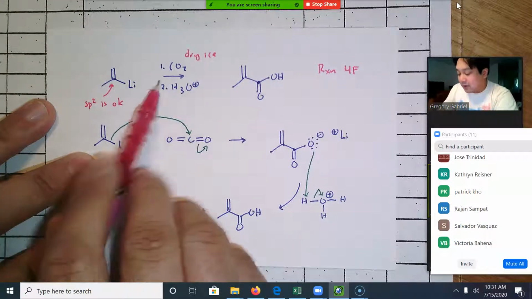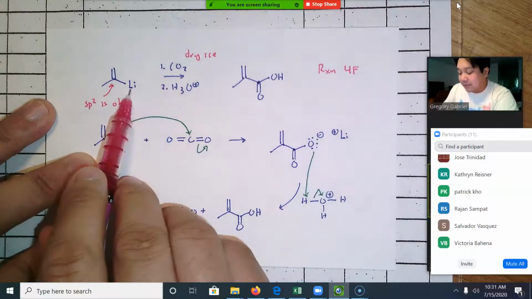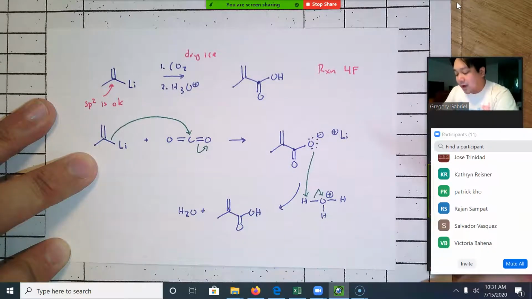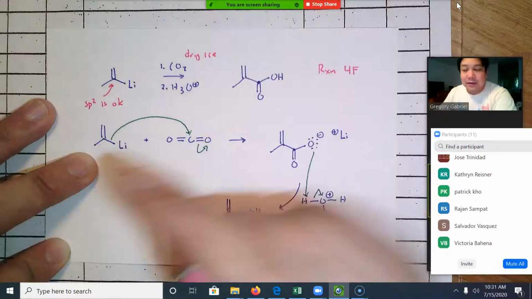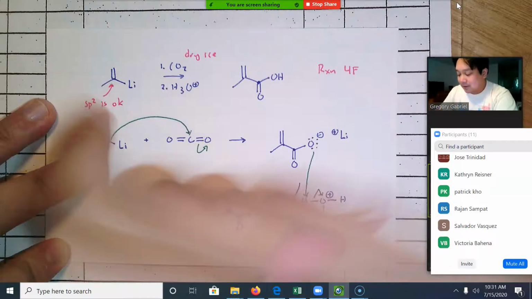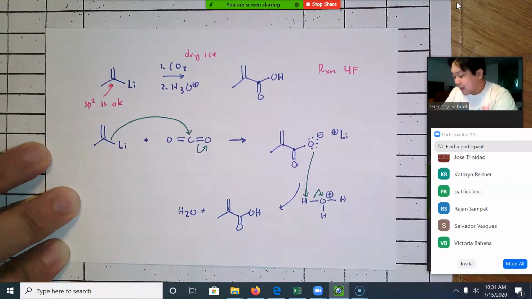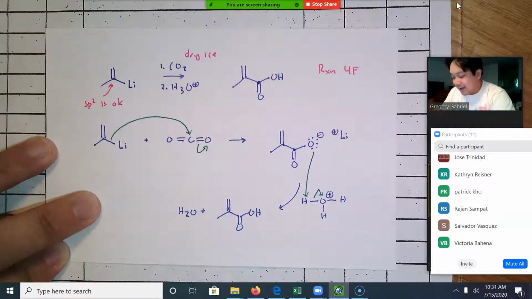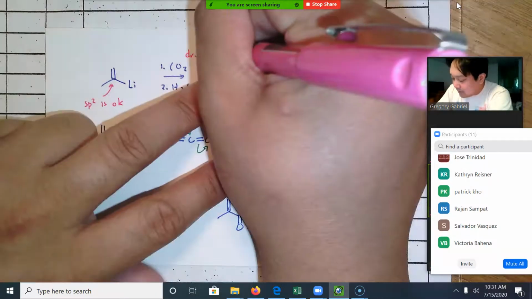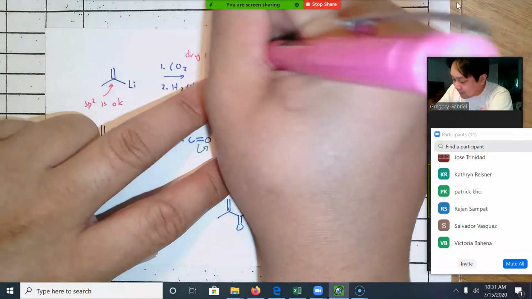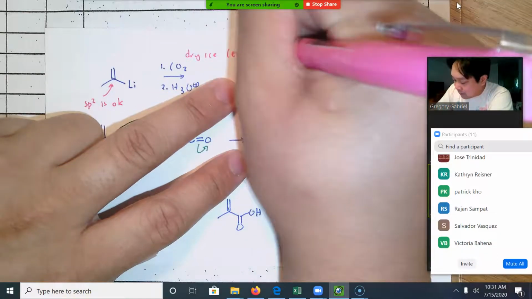We substituted carbon dioxide for this lithium. In organic chemistry 1, we said don't substitute at an sp2 carbon, only at sp3 carbons. So we could put a little note there that it's okay. The last thing is we could say excess goes up in the air.